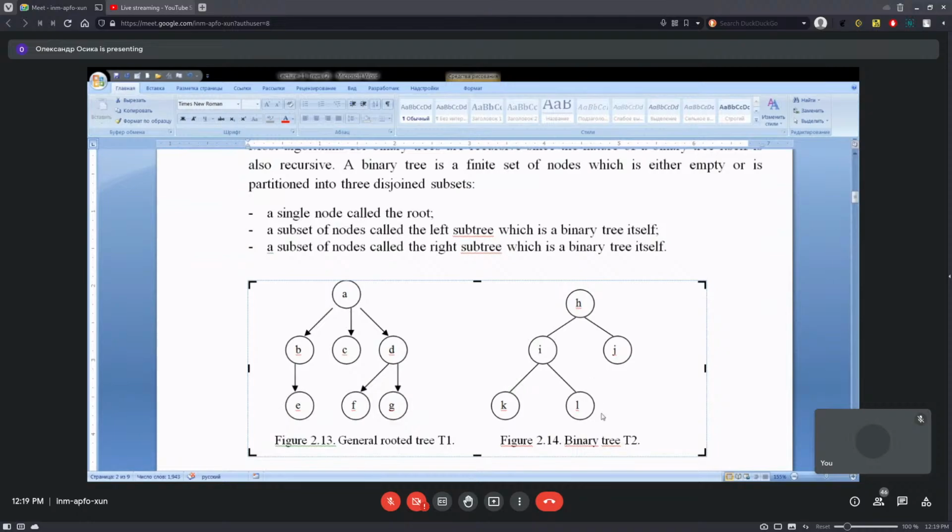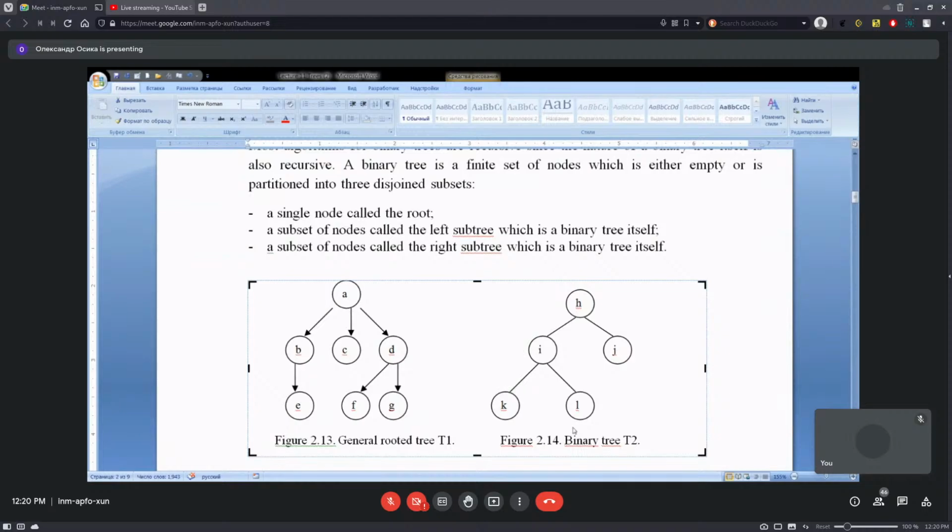Another subset, which is called the left subtree of the root H, which is a binary tree itself, and another set, which is a binary tree and is called the right subtree of H.